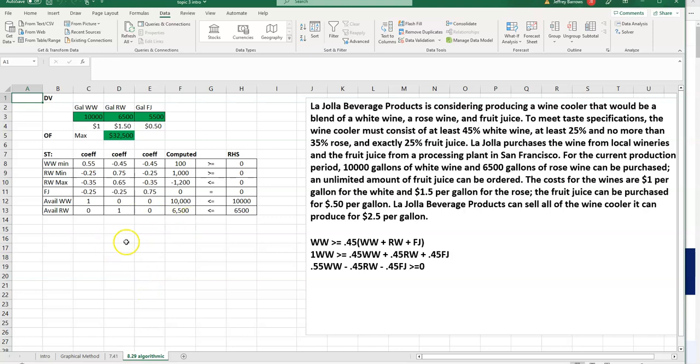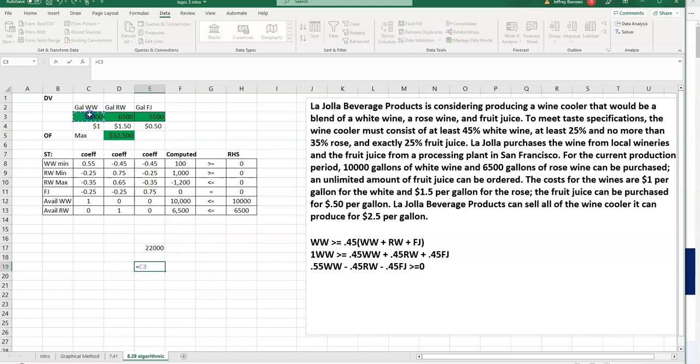I've got a couple seconds left on this video, so let me just go ahead and validate this one constraint here. Remember, the white wine has to be at least 45% of the total mix. The total number of gallons here is 22,000 gallons, and I've used 10,000 gallons of white.